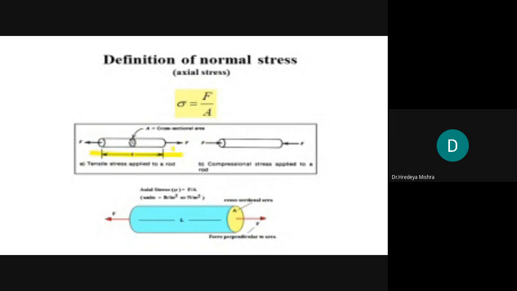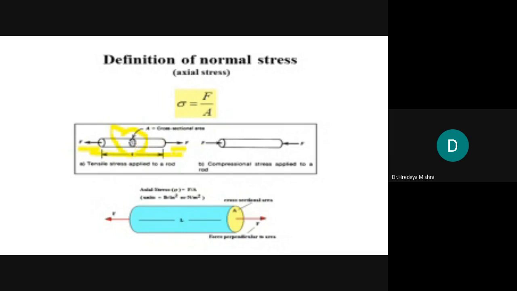F means tensile force. A tensile force is applicable on this specimen, and this is the cross sectional area, where the applied force causes deformation. Okay, if the tensile force is applied, then what happens?